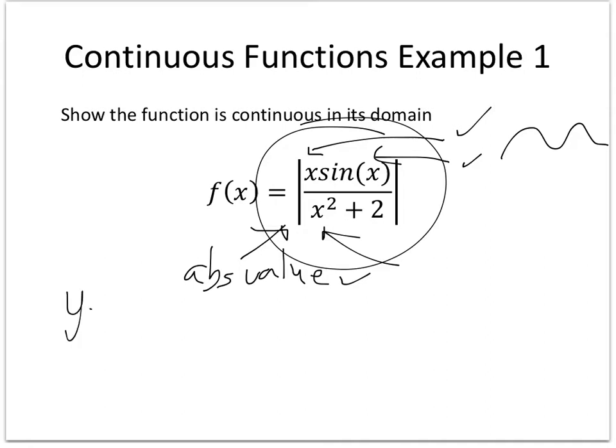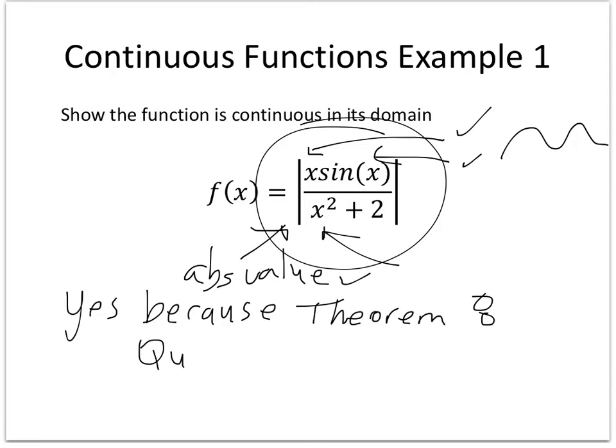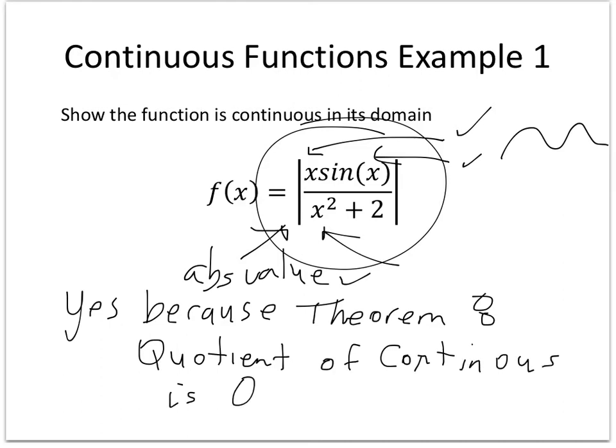And yes, because back to that Theorem 8, the quotient of continuous functions is continuous. I know it's kind of weird in a math class to prove something with just words, but that's it. If you can say each piece here is continuous and it's composed within this absolute value, then the quotient is continuous as well.